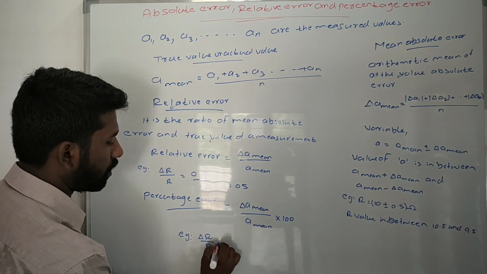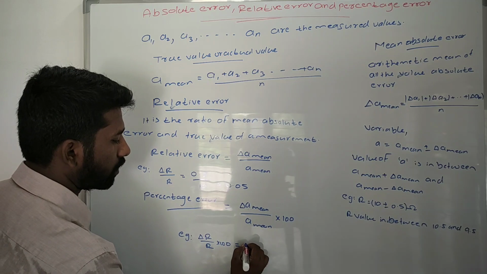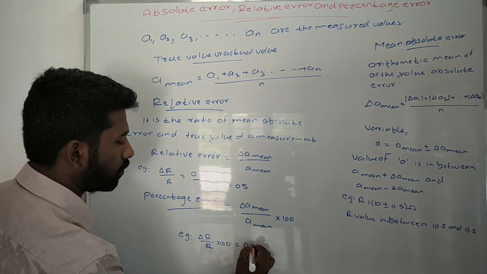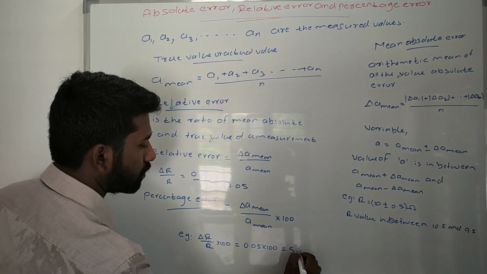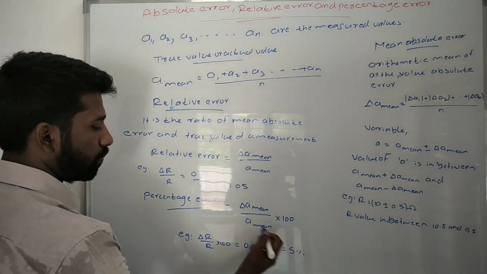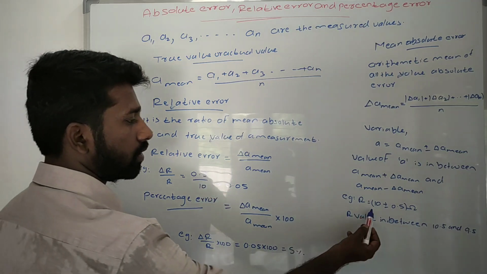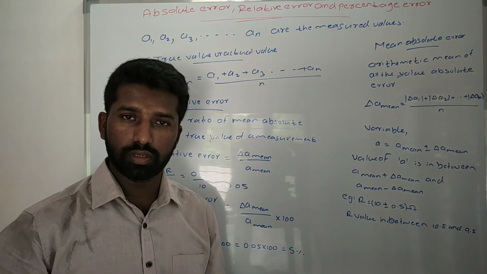Delta R divided by R into 100%. The relative value is 0.05 into 100, so you get 5%. So the percentage error in this measurement of resistance is 5%.